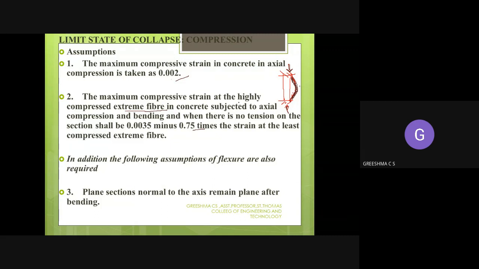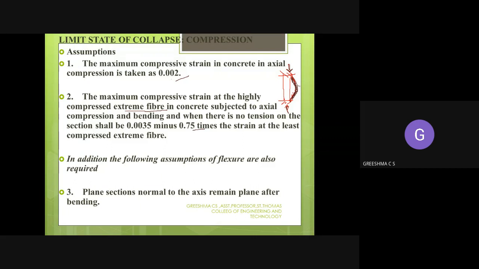If the load is applied, the column will buckle like this. When it buckles, the portion with the maximum strain at the extreme fibers will be here, in the outer extreme fibers. So the strain value is equal to 0.0035 minus 0.75 times the strain at the least compressed fiber.